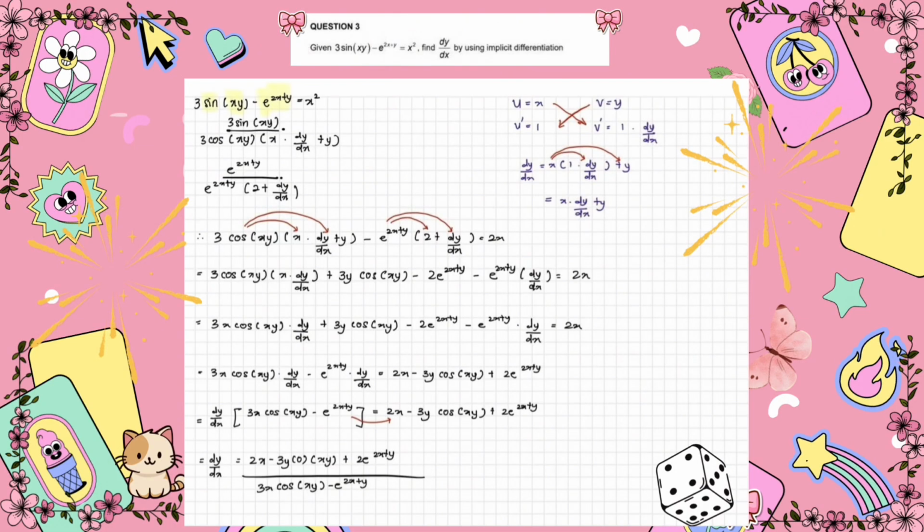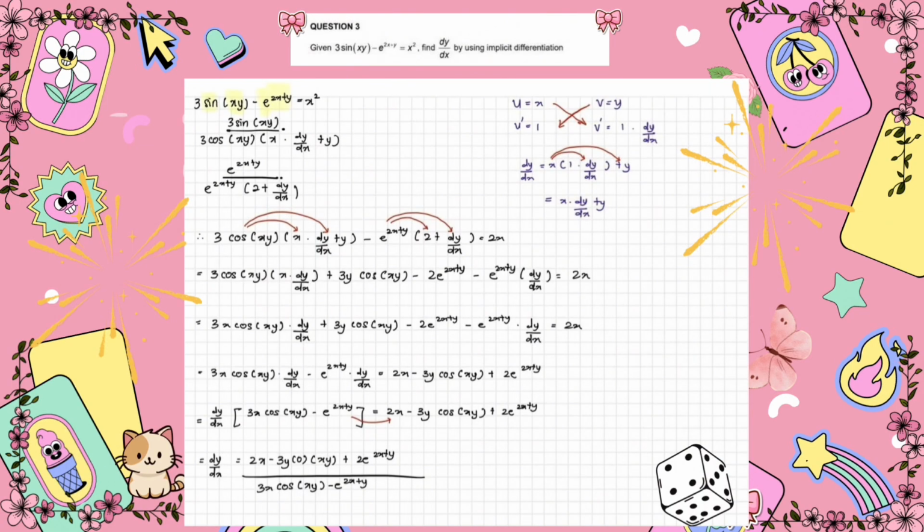Move terms involving dy/dx to one side. Group all terms involving dy/dx. We get 3x cos xy dy/dx minus e^(2x+y) dy/dx equal to 2x minus 3y cos xy plus 2e^(2x+y).